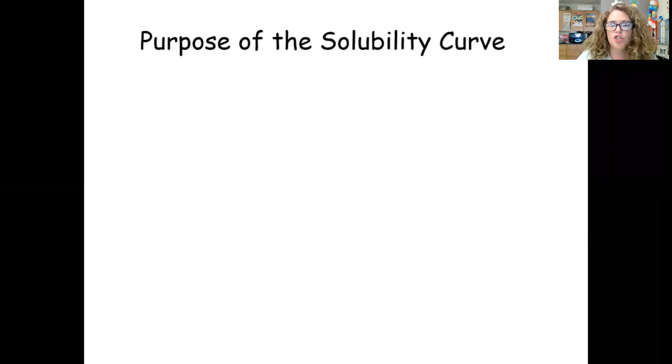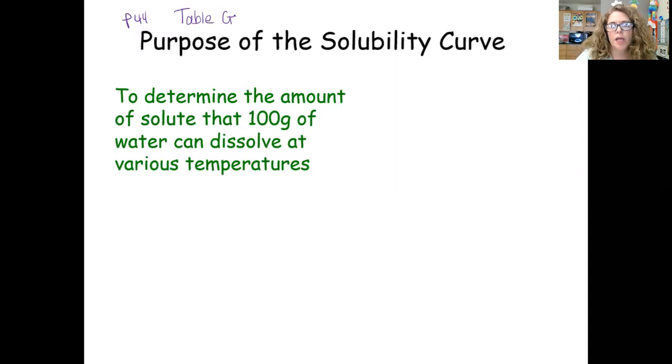All right, so table G is a solubility curve. And again, this is page number 44 in your notes. And we're going to need our New York State reference tables, reference table G. A solubility curve is a graphical representation to determine the amount of solute. So remember from our notes, solute is what we're trying to dissolve, usually the smaller amount, at 100 grams of water.